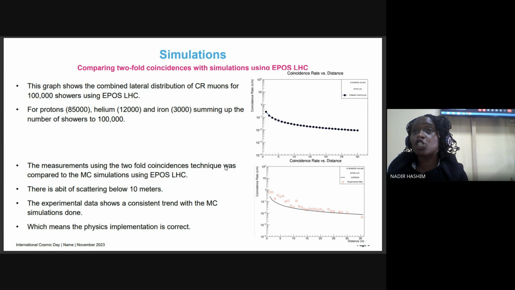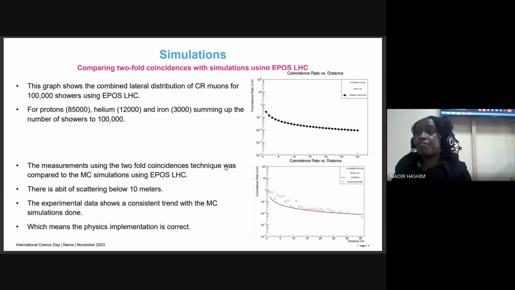There are many interactions there. That's why there is a bit of scattering below 10 meters. And then it shows that the work we have implemented is correct to the physics that we have run, particularly because from the NKG function, we have a lateral distribution, and our measurement aligns with that.